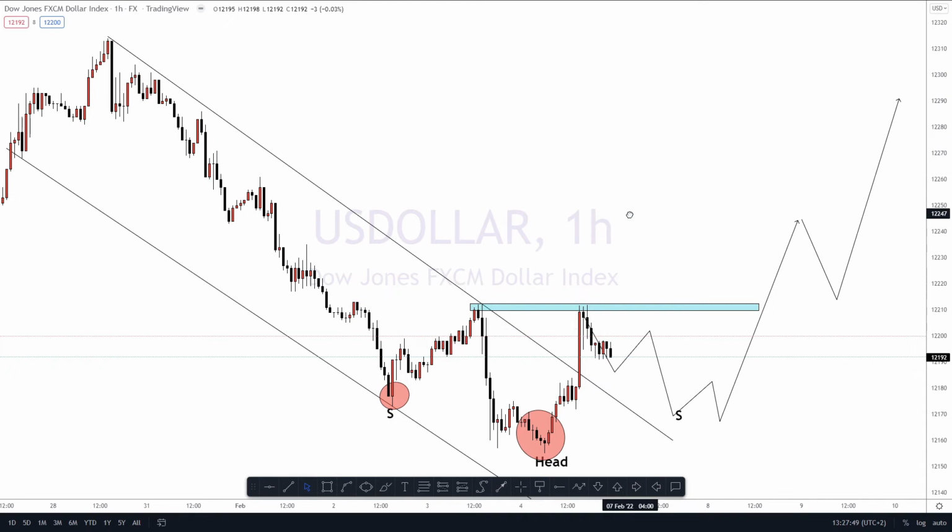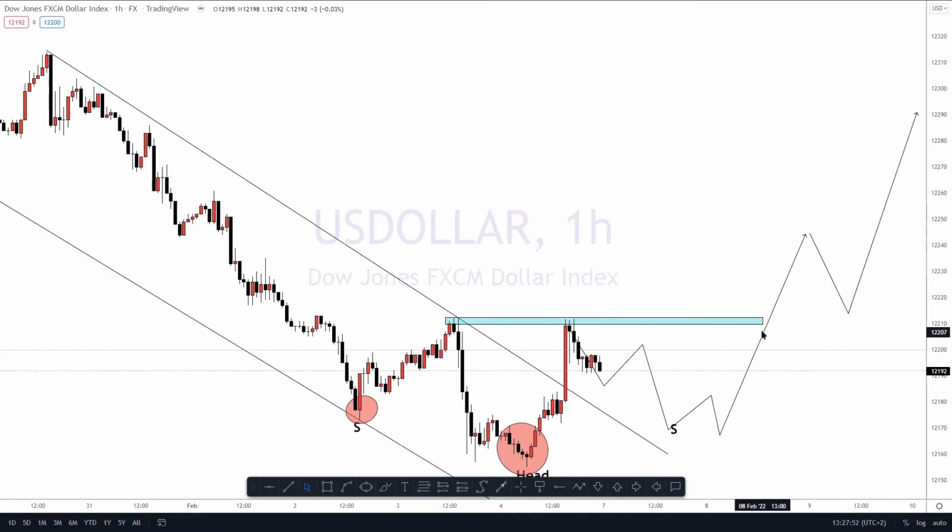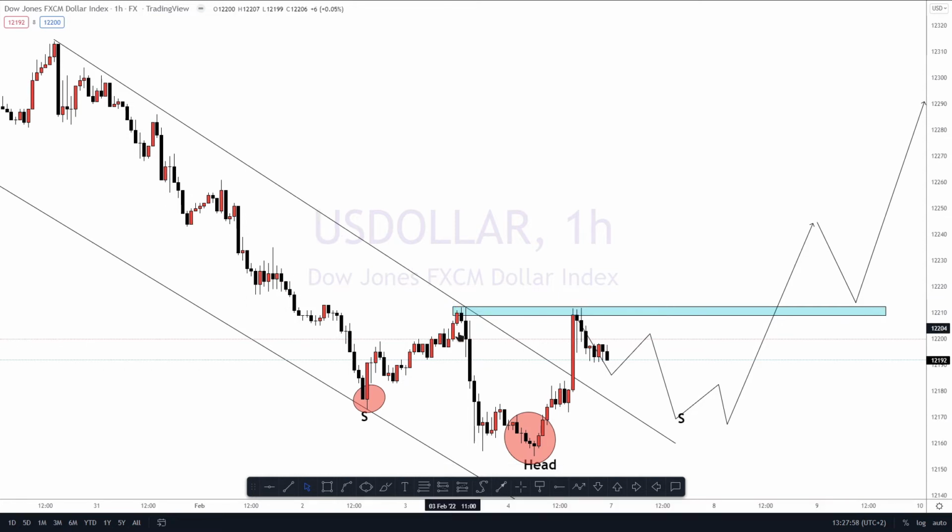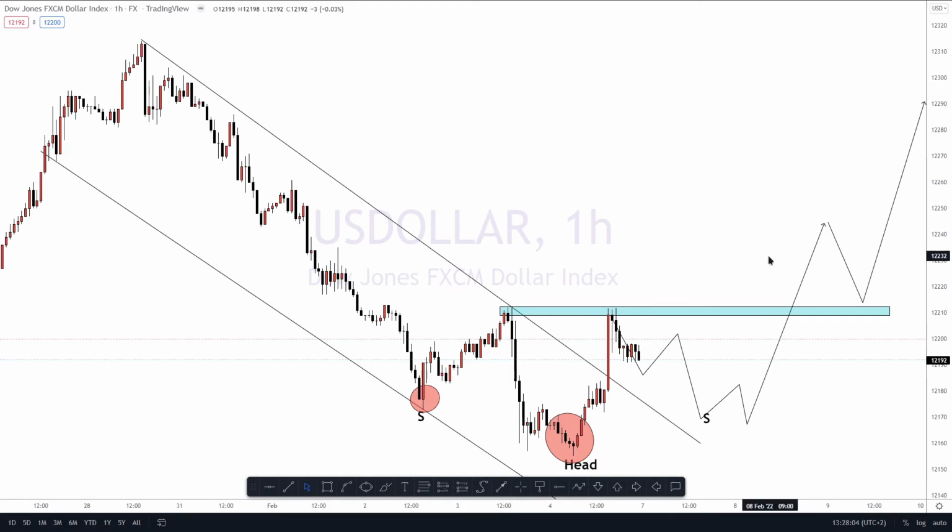Why can it happen like that? Why am I saying that? Because we saw that we had a fake out where the head is, we had a lower high, and if we can break above that lower high, then we can see price moving to the upside. But if we do not get that, then it's understandable, we can just continue to the downside. The game is just to understand how the market is moving rather than to predict where the market will go.